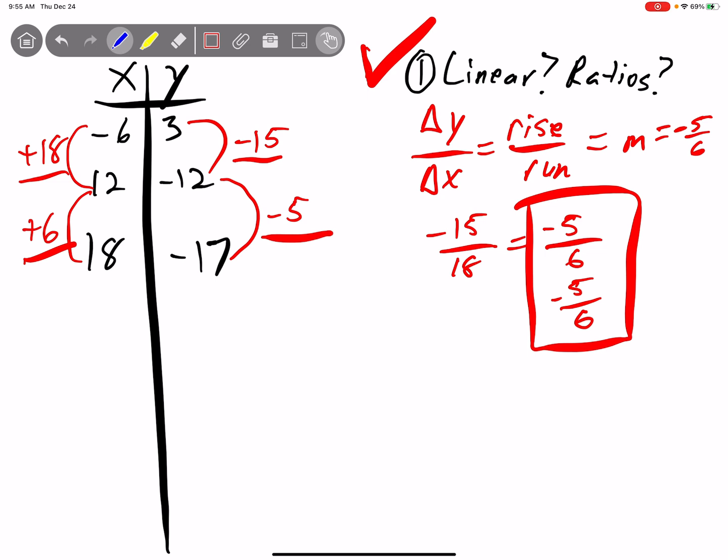All right, so hopefully you got b. Remember, if you do not know what y is when x is 0 according to your table, you can use the slope, or m, to find b.